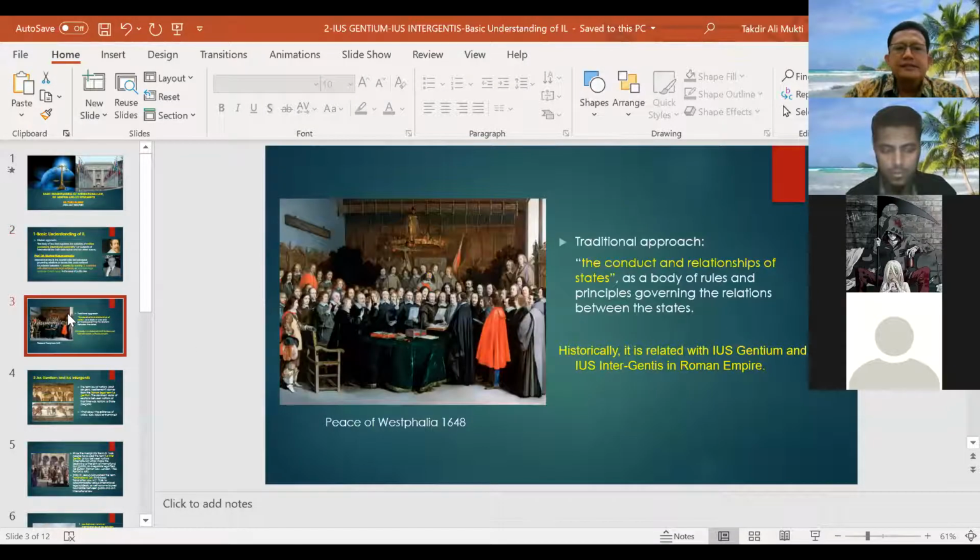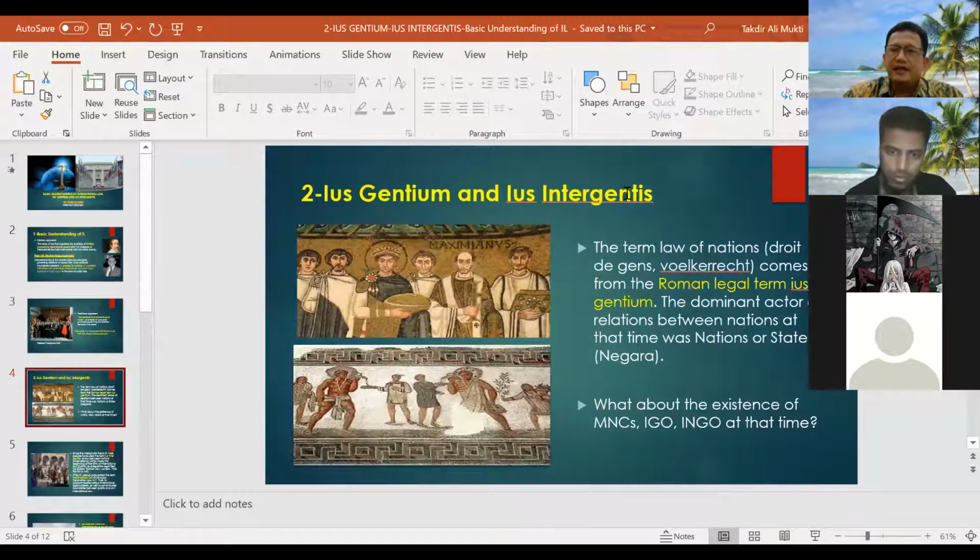Okay, historically, the international law we discussed today refers to the old history of Ius Gentium and Ius Inter Gentes in the Roman Empire. As I stated last week, world history is always written by the winner of the last war.